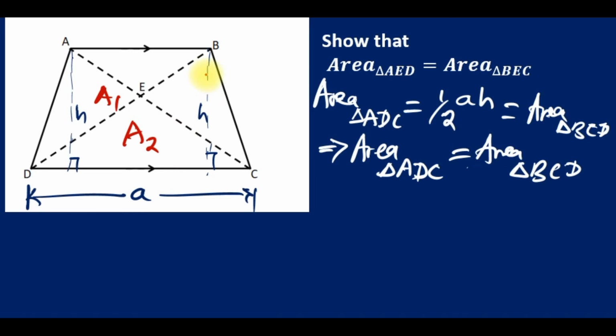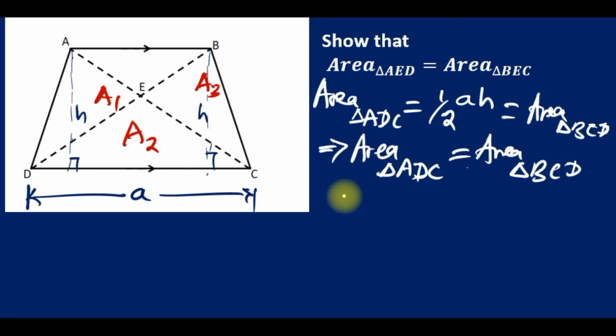Finally, area of BEC be A3. You now see that ADC is the same thing as A1 plus A2, while area of BCD is the same thing as A3 plus A2.